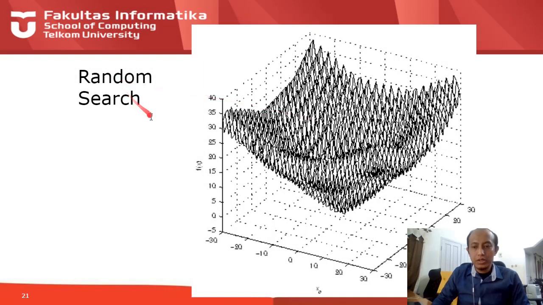We can try doing random search, the red dots here. At least one of the dots here will give you a better result than the others. But there is no effort to make the result optimal, and most likely they won't even be close to optimal.